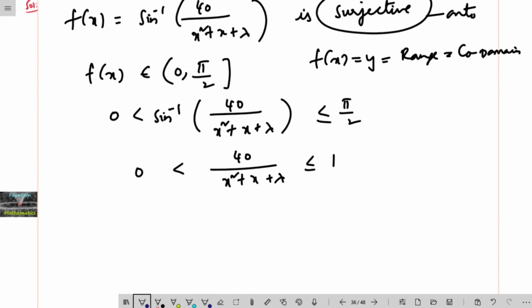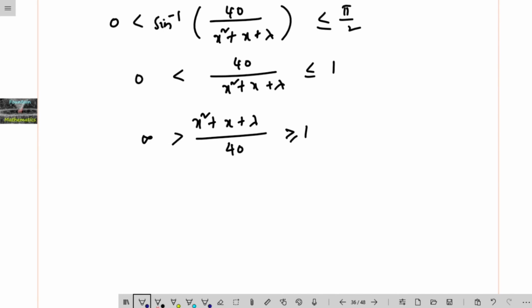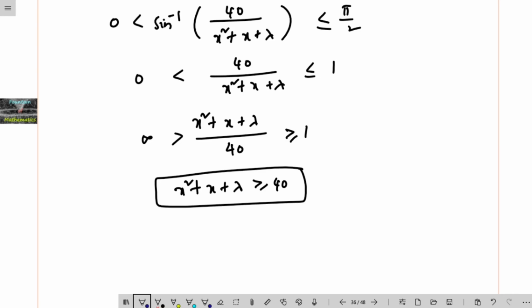Okay, or if I take the reciprocal of this, we can consider x square plus x plus lambda upon 40 is greater than or equal to 1, and up to infinity, 1 upon 0. So we can also write x square plus x plus lambda is greater than or equal to 40. This is how we can consider it.